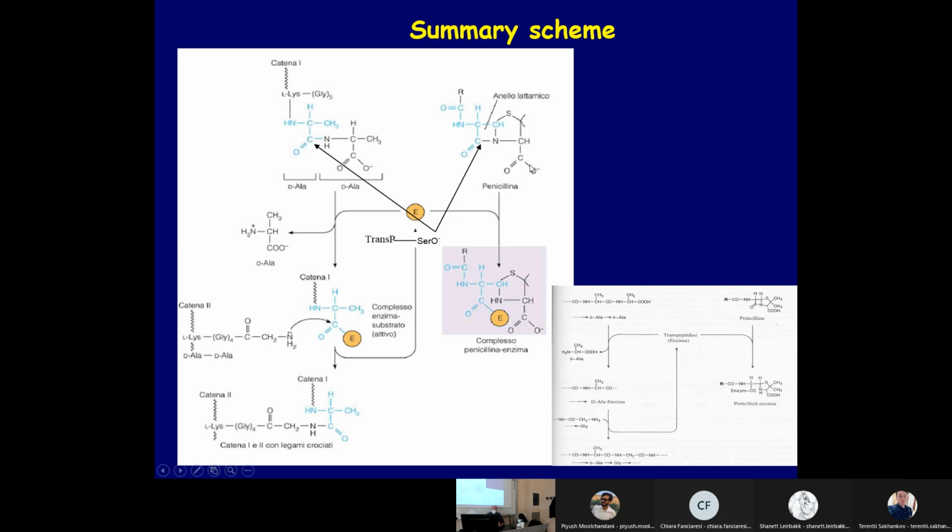If penicillin is present during this step, also the beta-lactam ring can be attacked by this nucleophile. In this case, we have a complex penicillin enzyme. So this complex represents a block in the pathway of the biosynthesis of peptidoglycan.